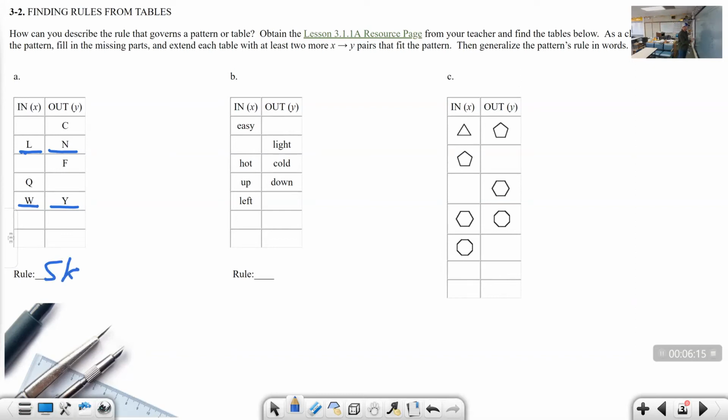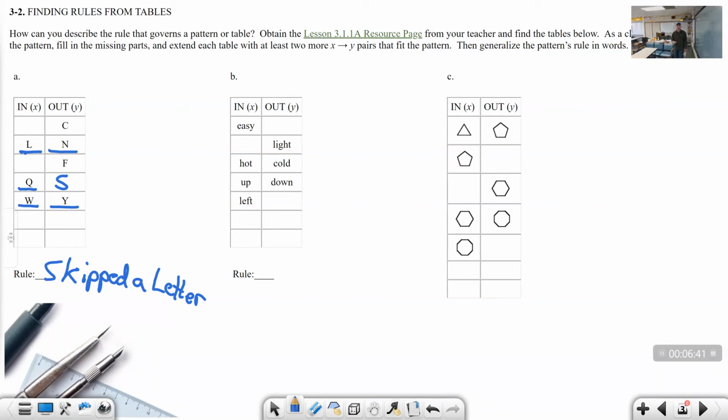So our rule: they skipped a letter. Now, when I say fill in the table, you need to be able to go forward and backward. So I've got to go forward. L, M, N, O, P, Q, R, S. That's driving forward. I skipped the letter R and I landed on the letter S.